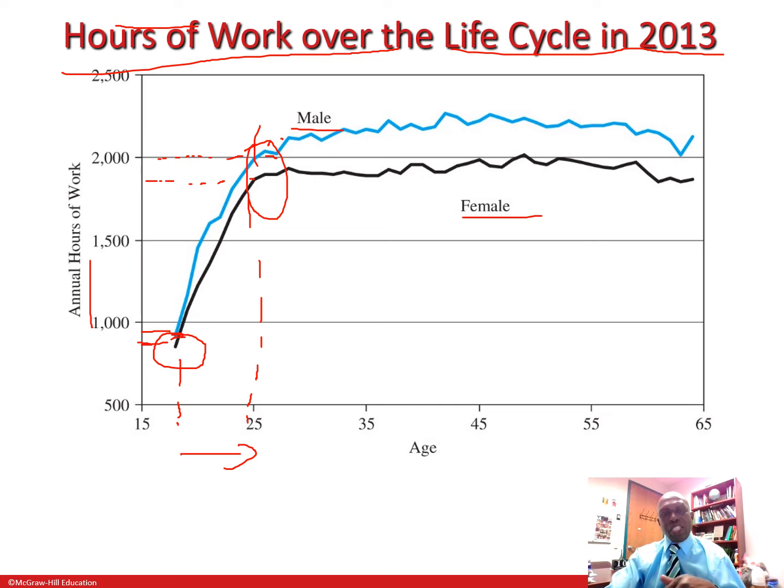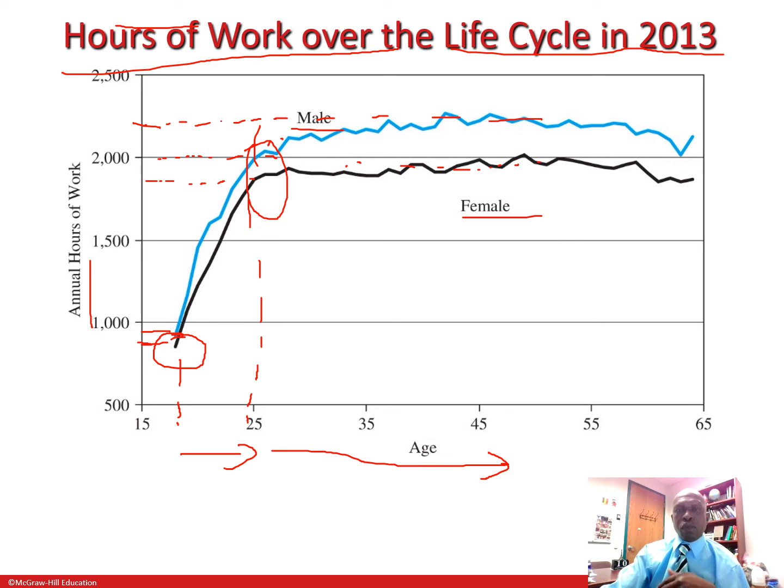As the age increases, the number of hours worked by females stays stable around 1,900 hours per year, while the number for males stays stable around 2,300 hours per year.